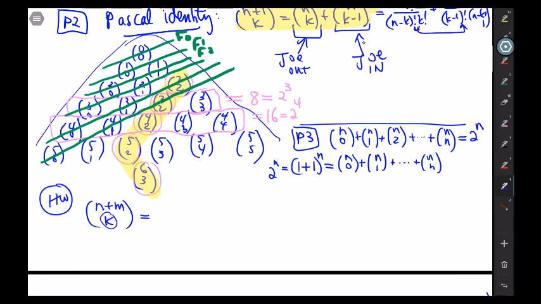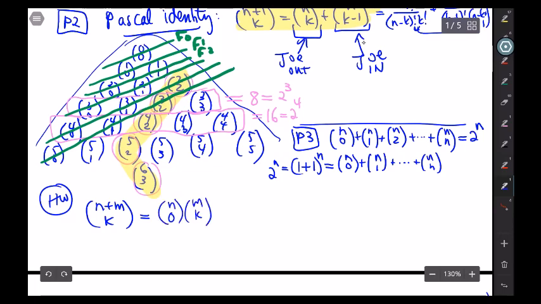Either we can do n plus m choose k without referring to their genders, or we can refer to their genders, and either I choose no girls in the committee, after which I need to choose k boys, or if I have one girl in the committee, then I can only choose k minus 1 boys, and so on, right? Do you guys agree? Or all the members are girls and no boys. So these two must be equal to each other.